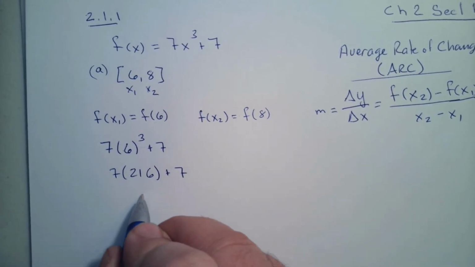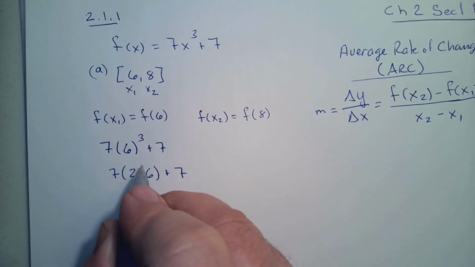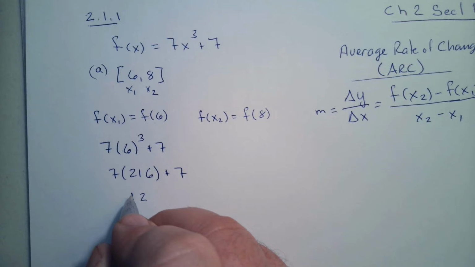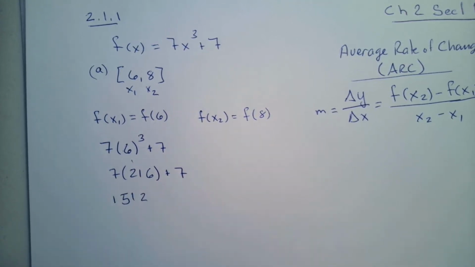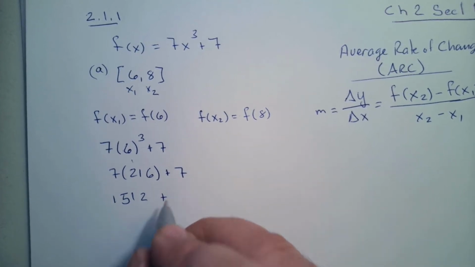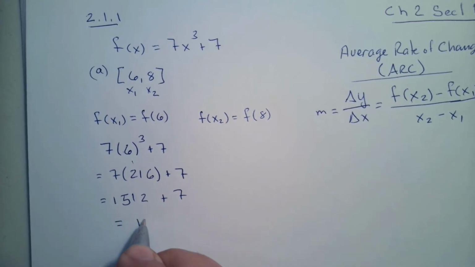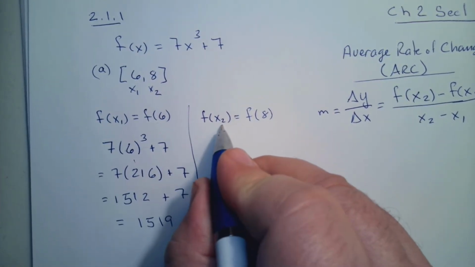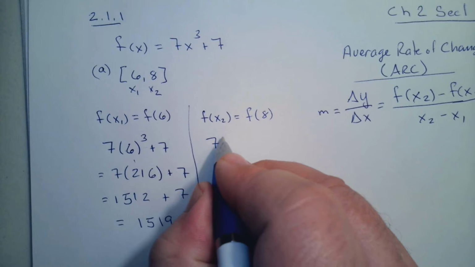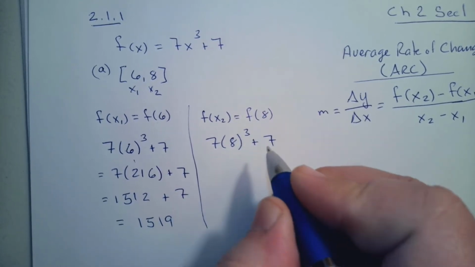216 times 7 is 1512, plus 7 equals 1519. f of x2 is 7 times 8 cubed plus 7.